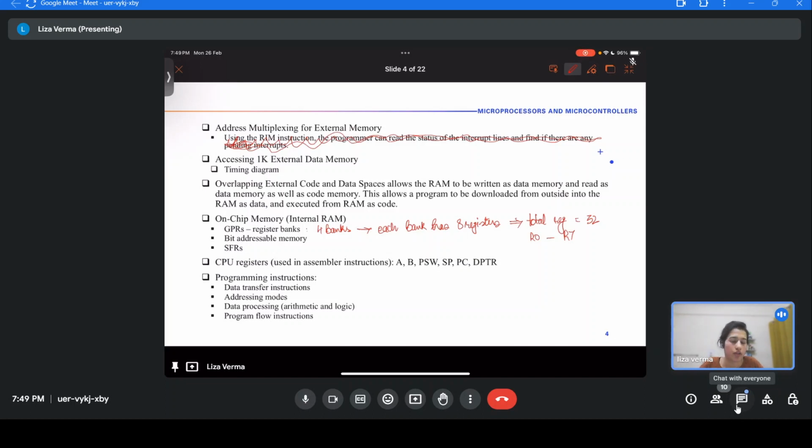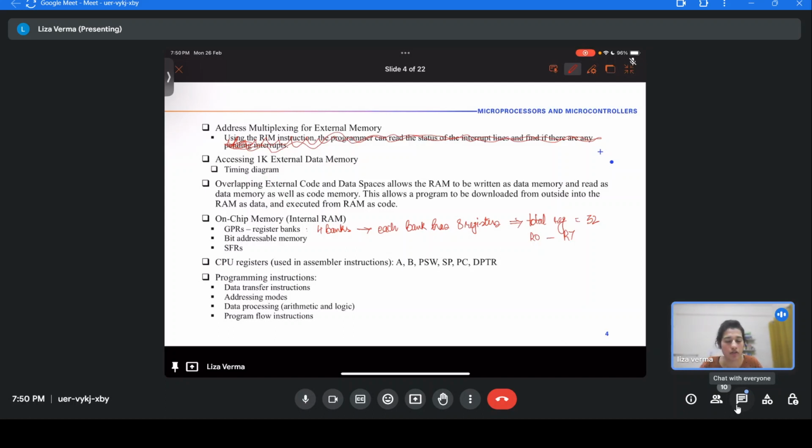If you have 32 registers and you want to access, say, multiple of them, you'll have to have how many different sets of instructions? The instruction will be the same, MOV A comma this first register, R0 of port 1, R1 of port 1, like this.